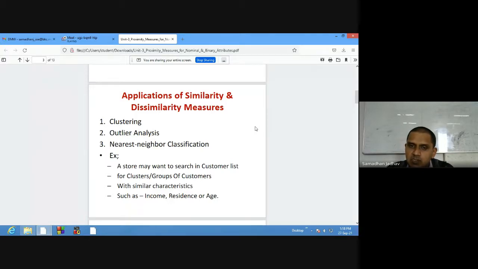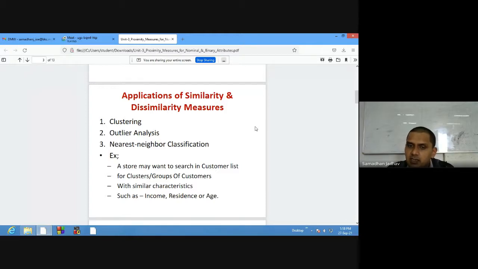The store has a number of customers, but they want to find a group of customers who have a particular level of income, a particular area of residence, and a particular age.